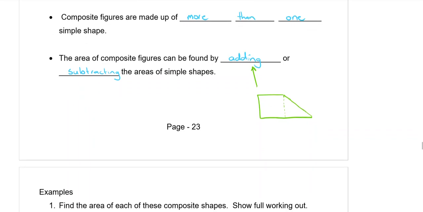But if you had a rectangle and you're wanting to cut out of it a little square and you're trying to find this bit of area that was left over in here, then you would need to subtract. Okay, so that's how you remember it. If the two shapes are next to each other, you're going to need to add. If one shape is inside the other, then you're going to have to subtract.